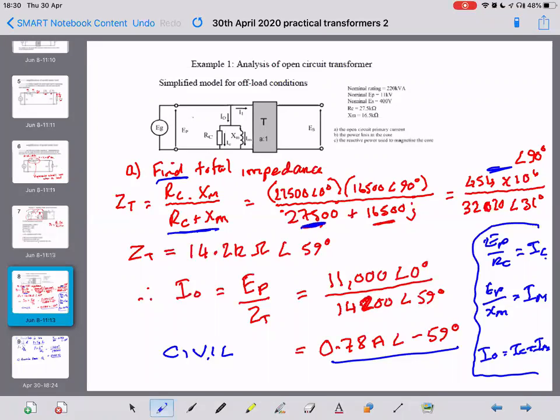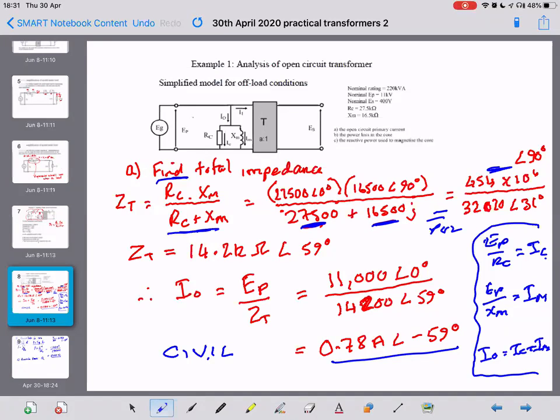Then the denominator, we want that in rectangular form, so we can add the two together. So there's the 27,500 real part from the resistance, plus 16,500j representing the inductance. Using the calculator to convert that to polar, we get 32,020 angle 31 degrees.